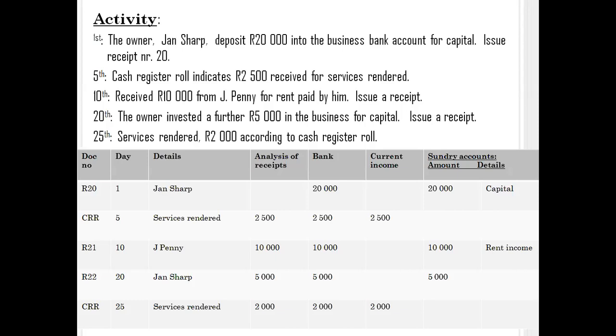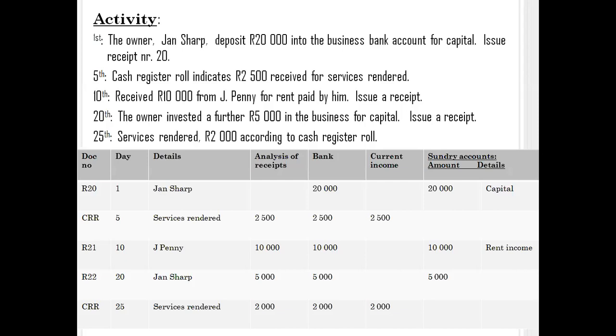So look at the entry on the 20th. There is receipt number 22. Remember to continue with your next receipt number. The owner, we've said already on the 1st, is Jan Sharp. With details, 5,000 Rand. 5,000 Rand will go to analysis of receipts and to capital. Why will it go to analysis of receipts?